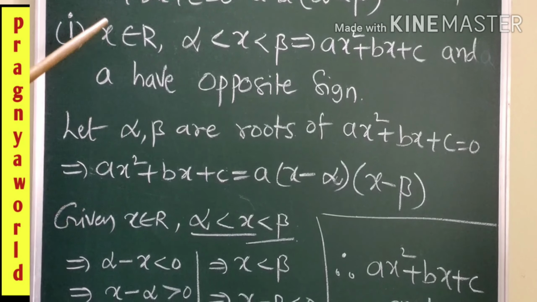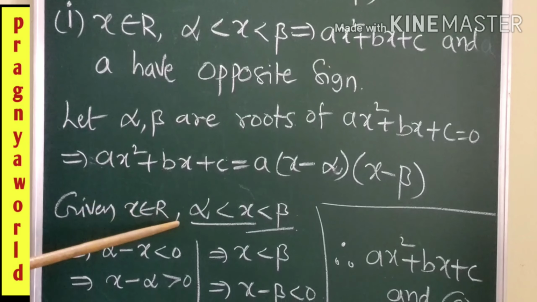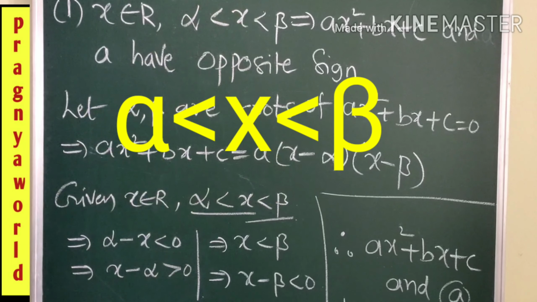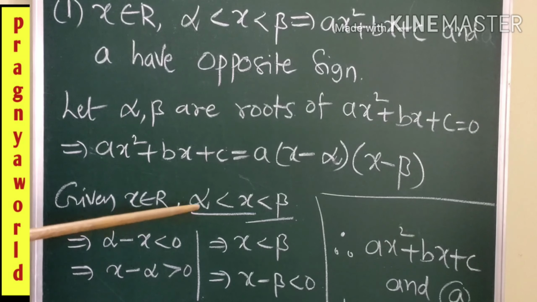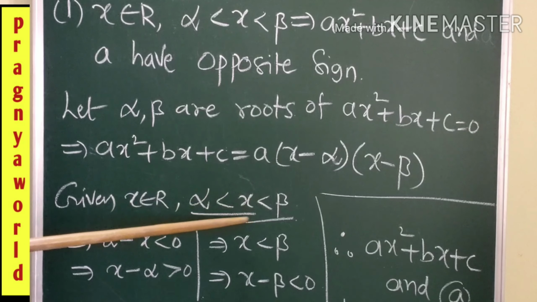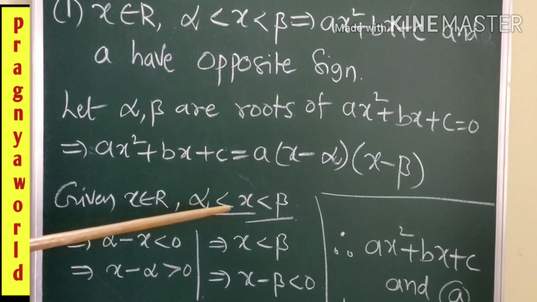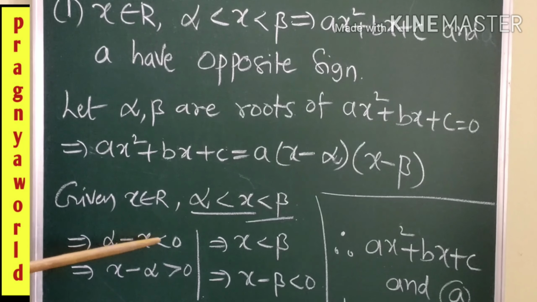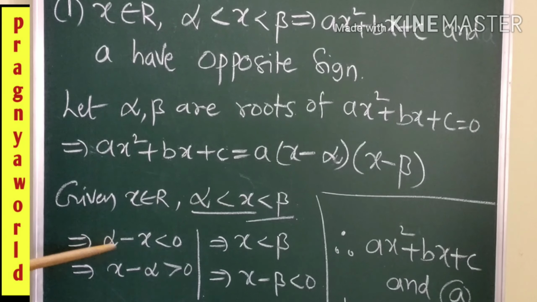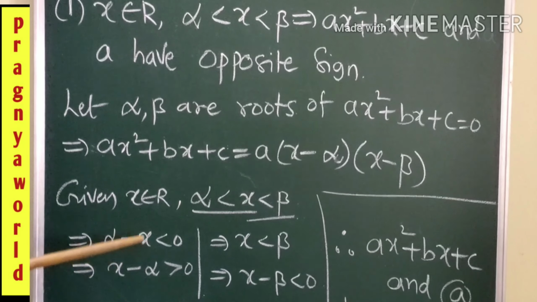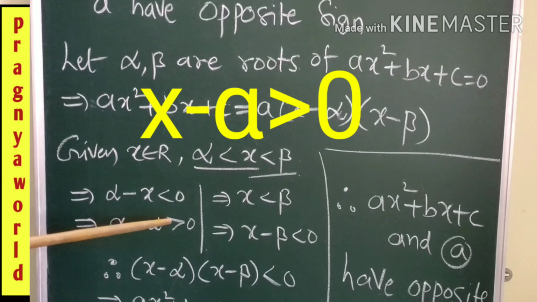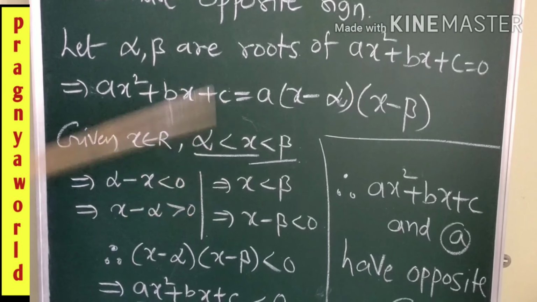And what is given? x belongs to R and alpha less than x less than beta. First of all, we take alpha less than x. Bringing x to the left side, we get alpha minus x less than 0. If you exchange these terms, x minus alpha becomes greater than 0.